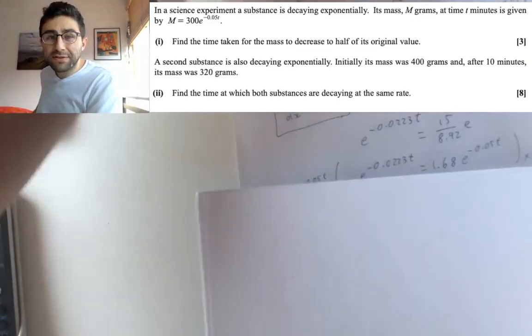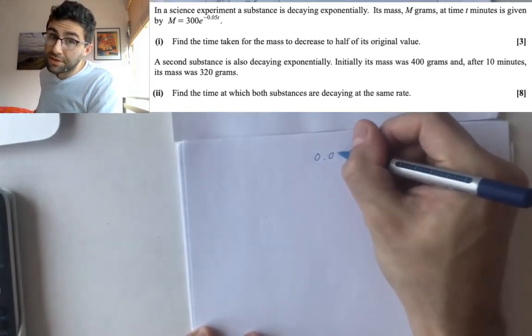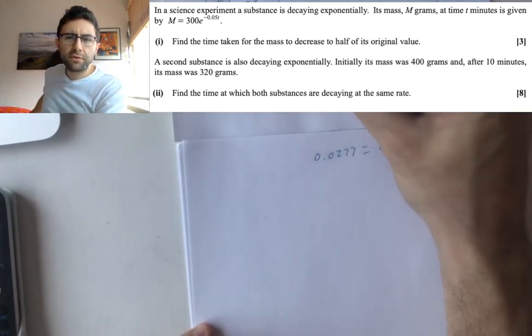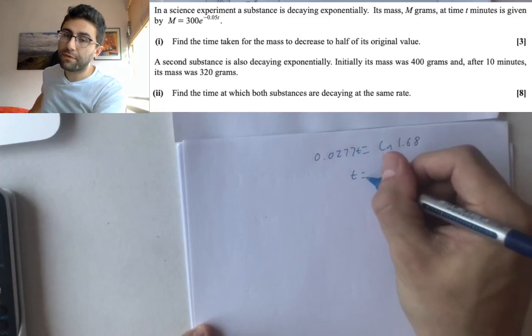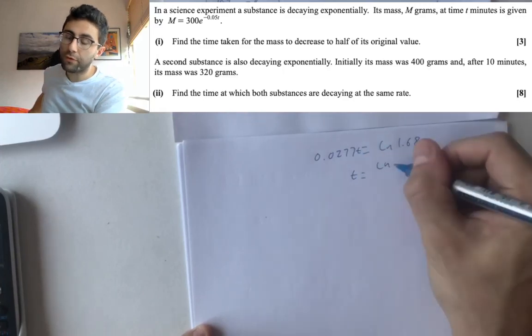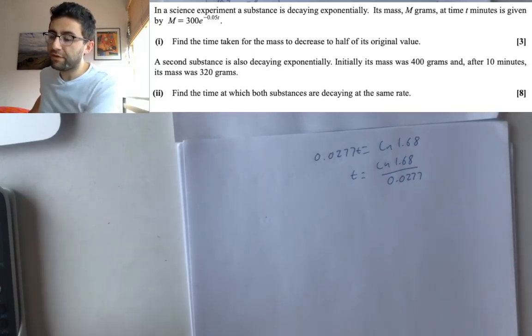They have said there's a second substance, and it's got a different rate of decay. They gave us the first one, we had to work out the second one. Immediately they told us it was initially 400, so I knew it's got to be 400 times e to the something, because the number is the initial rate. Convince yourself of that: t is 0, and it falls into place.